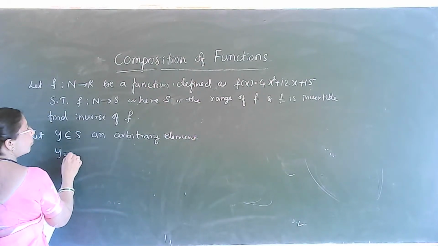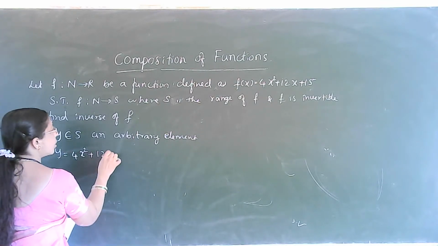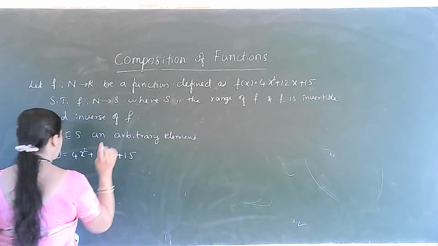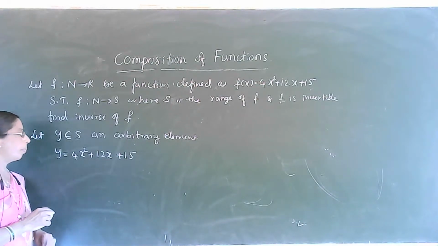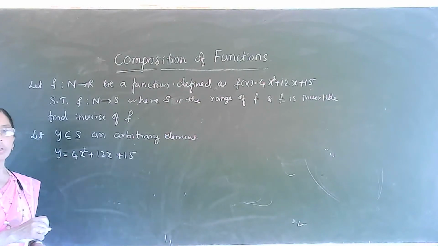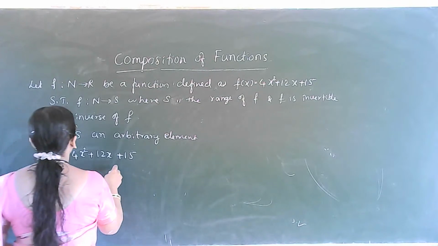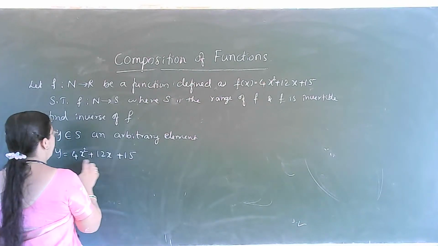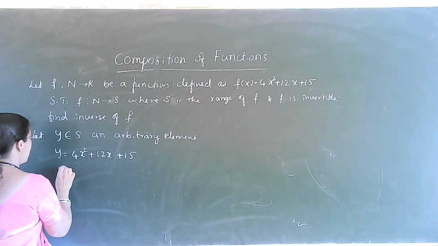Then y is equal to 4x square plus 12x plus 15. This type of problem is a quadratic equation. Finding x is very difficult, therefore we make it a perfect square. It's not a perfect square as given.